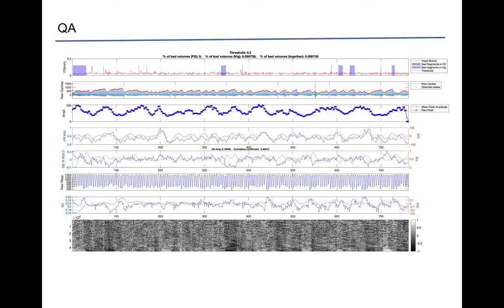So looking at the summary information, like the percentage of bad time points, is good, but it's more informative if you know the distribution, what happens, when it happens, and what its effect is on the fMRI signal intensity.